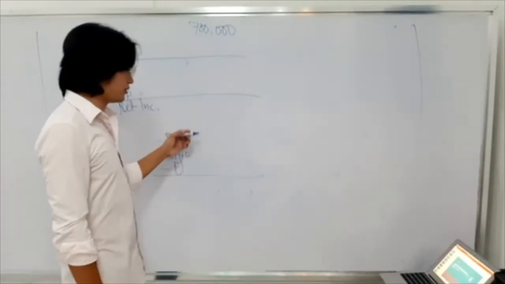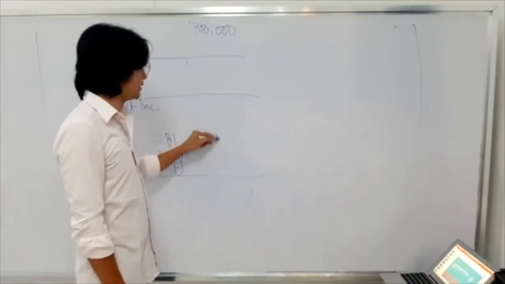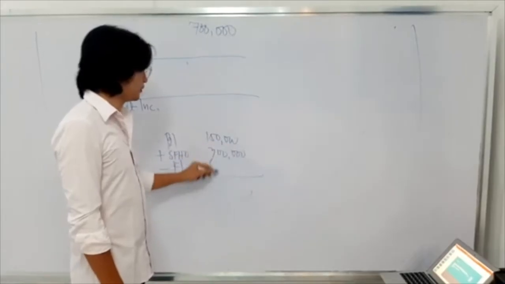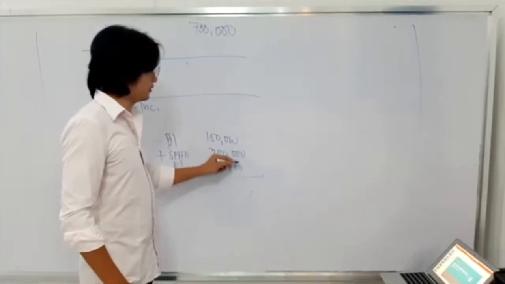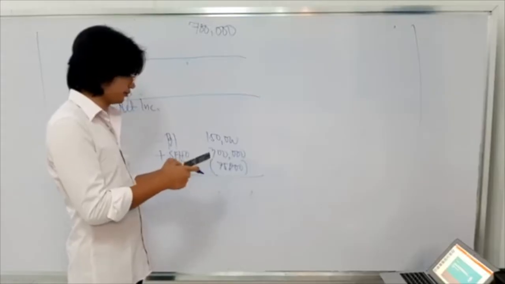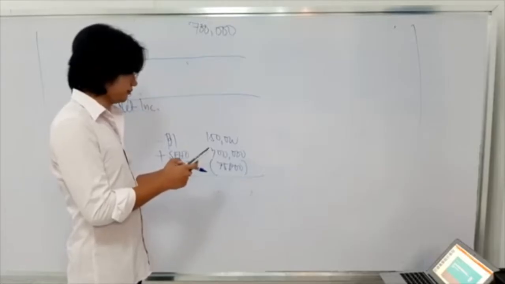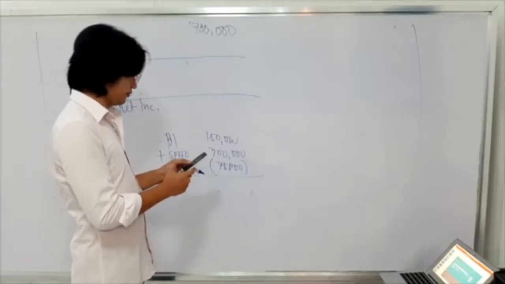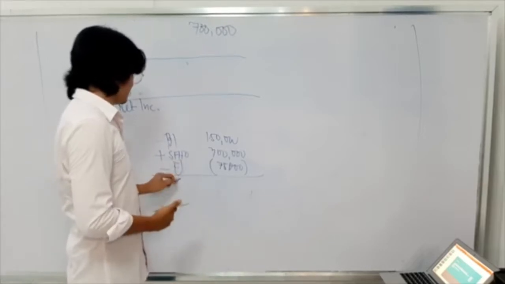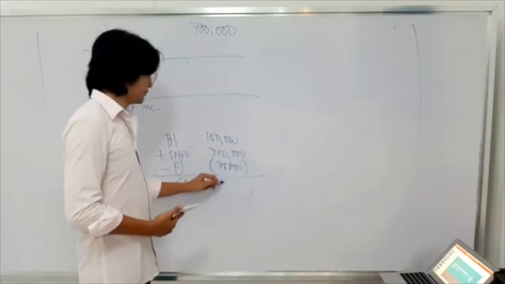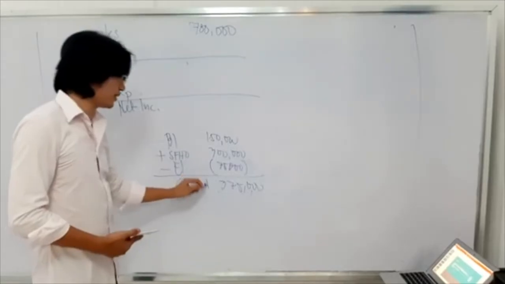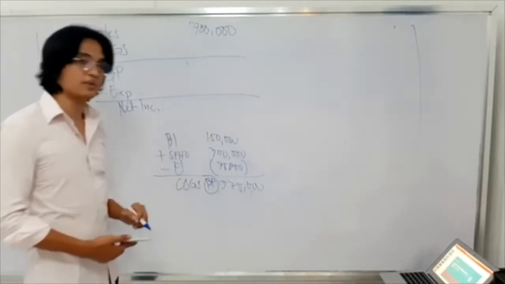So beginning inventory at build price was 150,000, shipment was 300,000, and ending inventory was 75,000. Okay, so that will give us our cost of goods sold at 375,000. Now take note, this cost of goods sold at 375,000 is at build price.